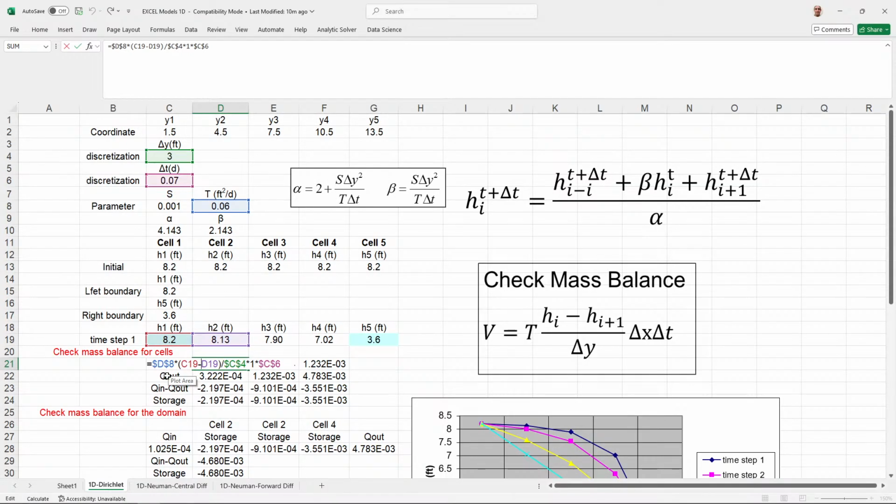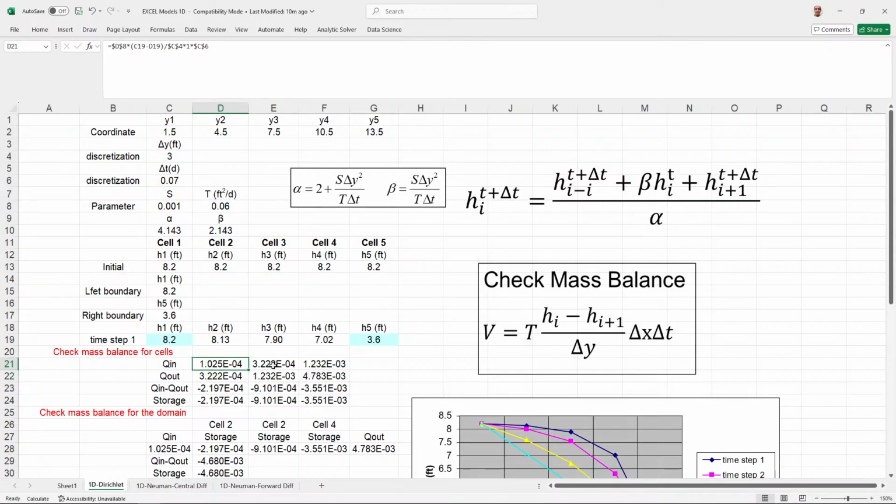If you look here, that would be your transmissivity, this head minus this head divided by delta y times delta x, which is equal to 1, times delta t, and that will give you the Q in that's entering this cell. Q out would be, instead of using these two, these two guys here. So you see Q out, I'm using these two guys. So that would be for this cell.